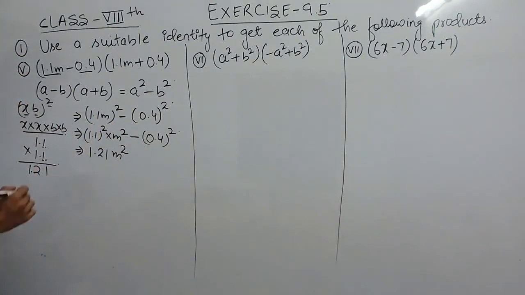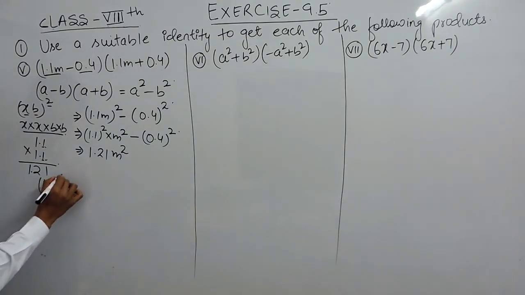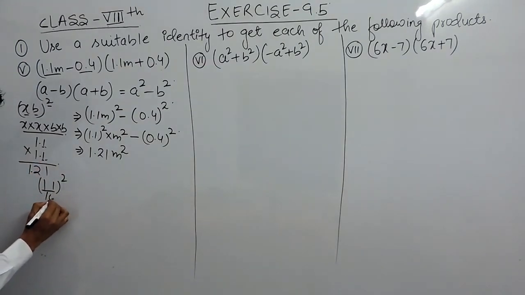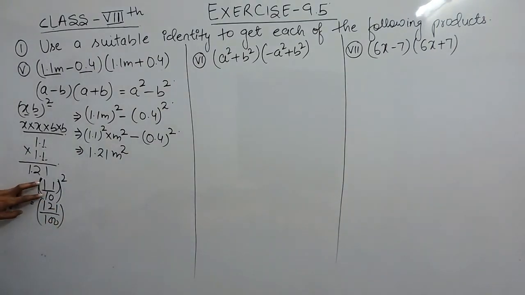There is another way. This is 1.1 whole square. We can remove the decimal and write it as 11 upon 10 whole square. Now 11 square is 121 and 10 square is 100, because whenever there are two numbers and there is a square, this square should be with 11 and again this square should be with 10. So 11 square is 121, 10 square is 100.